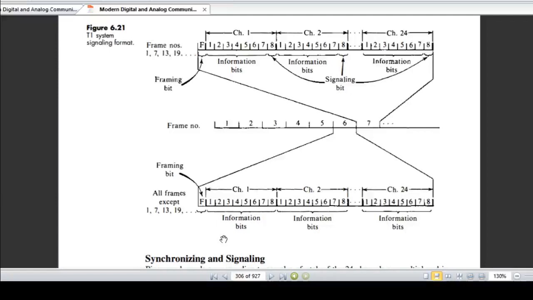Therefore one frame, that is one revolution of the commutator, will be equal to 1 divided by 8000, because each signal is sampled 8000 times per second. So one frame corresponds to 125 microseconds.